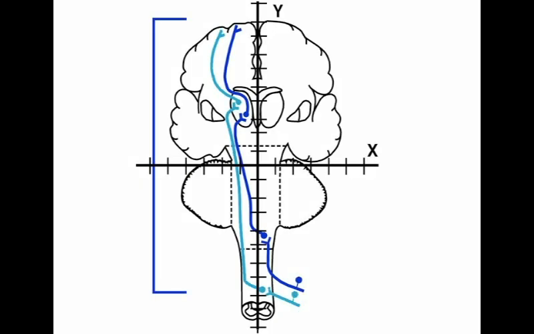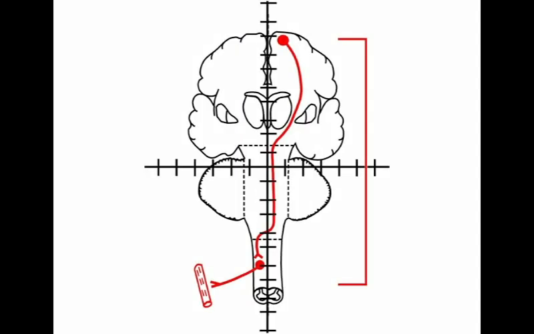We then have the sensory examination, which gives us two ascending longitudinal systems, which give us valuable Y points as well as X points, all the way from the periphery to the cerebral cortex. We then have the motor examination, in which we have a pathway that goes all the way from the motor strip in the cerebral hemispheres to the lower motor neuron, as well as lower motor neuron connections out to the periphery.